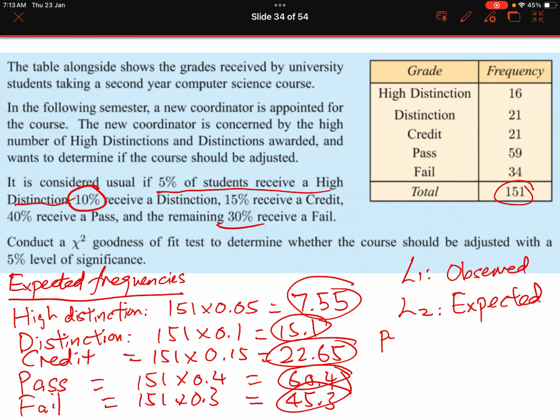Okay, so let's get back to that. Since the p-value is 0.0529 and that is bigger than 0.05, which is the level of significance, so in this case we are going to accept the alternative hypothesis, right, which is basically 0.0529.